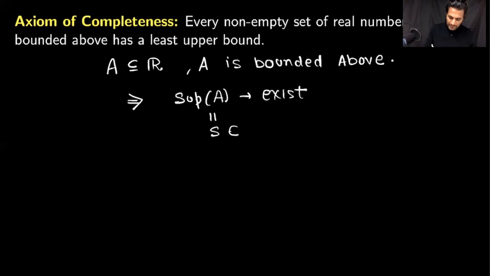If I call that S, then S is also a real number. So that assumption has been made that whenever we have a bounded above set, we will always be able to find the least upper bound of that set, and that least upper bound will be a member of the real numbers. So using that axiom, we can now prove this theorem.